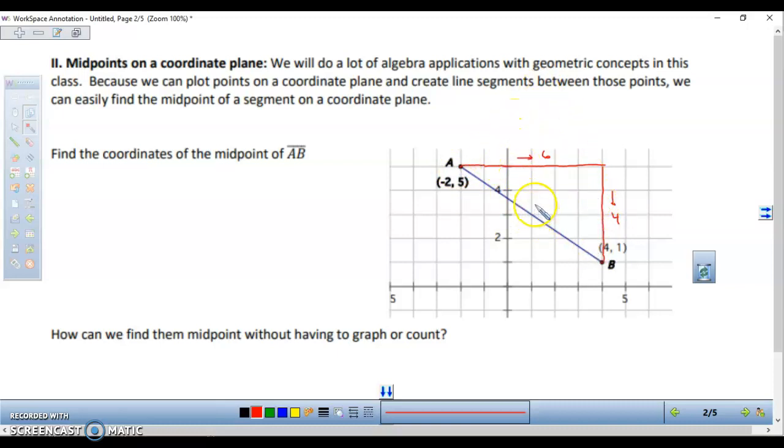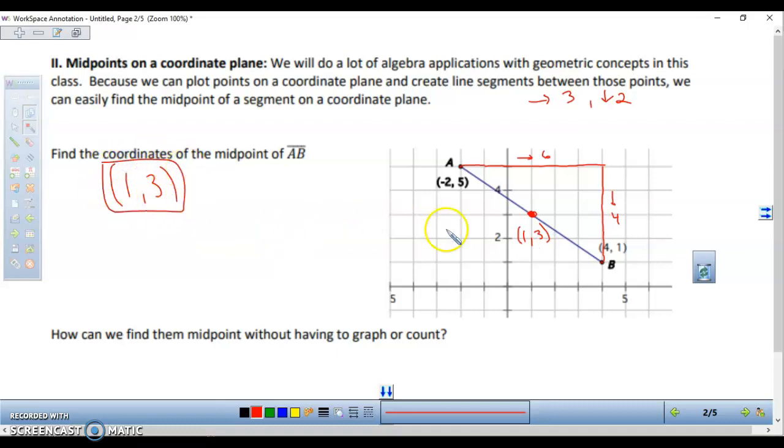To get to the midpoint, I'm just going to do half of that. I'm going to go right 3 and then down 2. So from A, if I go right 3 and down 2, I find, boom, here is the midpoint. And the coordinate of that point is (1, 3).